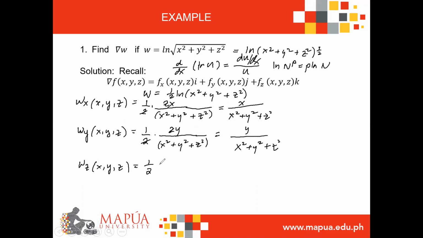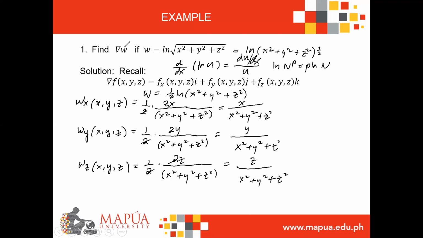Then the derivative of z squared is 2z all over the quantity x squared plus y squared plus z squared. Simplifying, let's cancel 2. This gives us z all over x squared plus y squared plus z squared.